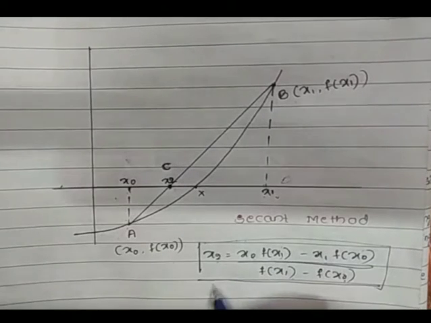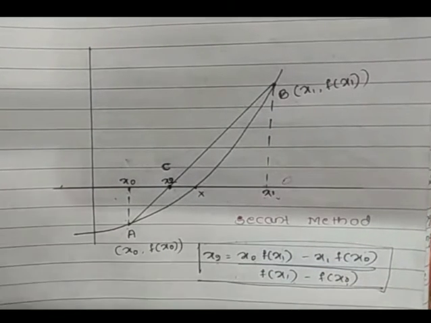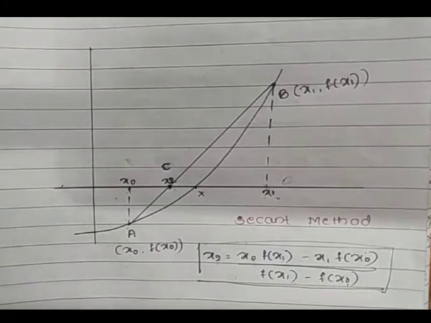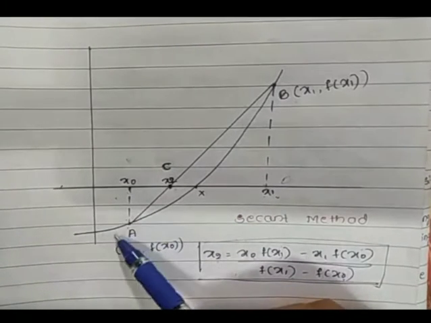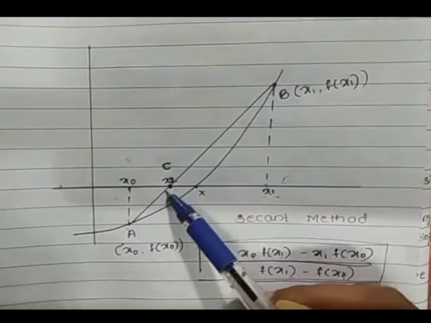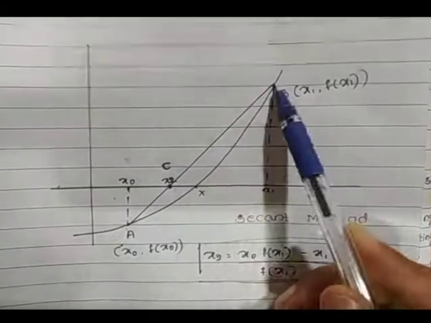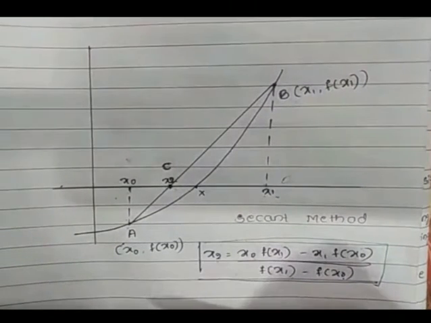This is similar to the regula falsi method and its derivation is similar to the regula falsi formula derivation. How we solved in regula falsi means using slope of AB is equal to slope of AC. So using that, we can calculate the result.